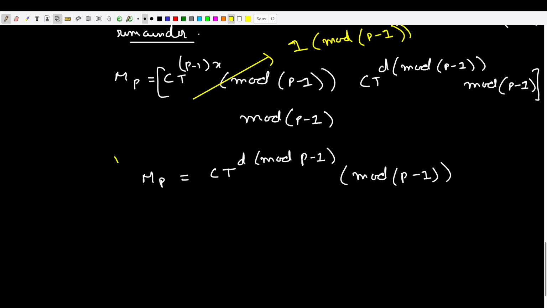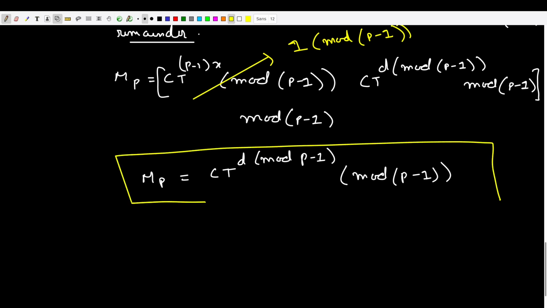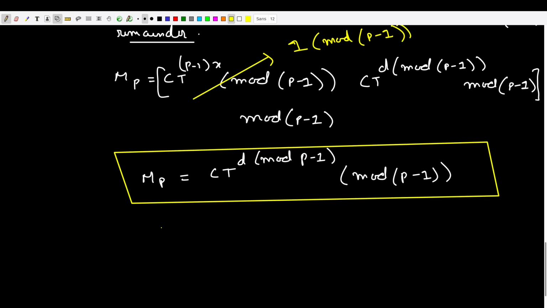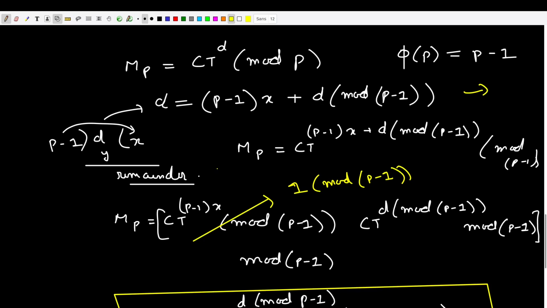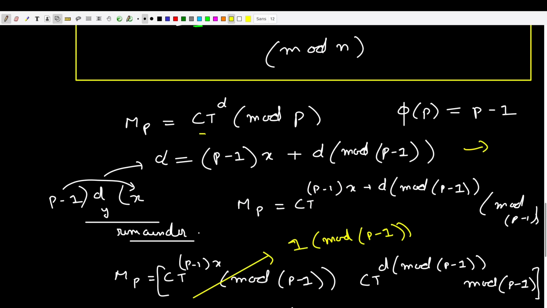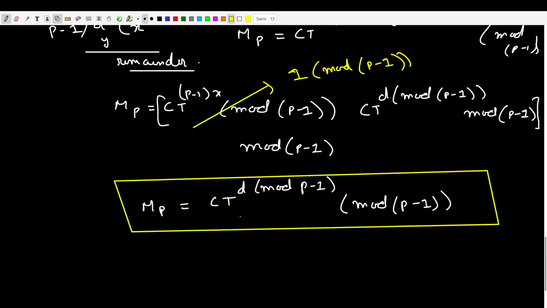So MP gets reduced to this. All right, so we see now, like earlier we had to compute ct to the power d. Now we just have to compute ct to the power d mod p minus 1. So this is what the optimization is.